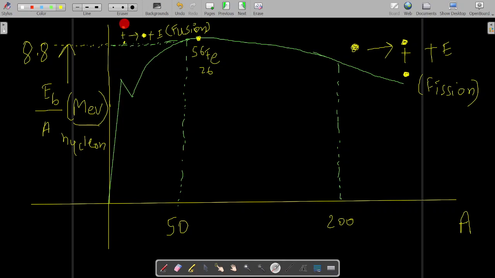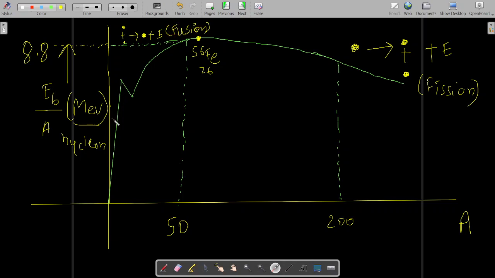They fuse with each other. Fusion means two lighter nuclei combine to give a heavier nucleus, and energy is released in this process. So this is called nuclear fusion.